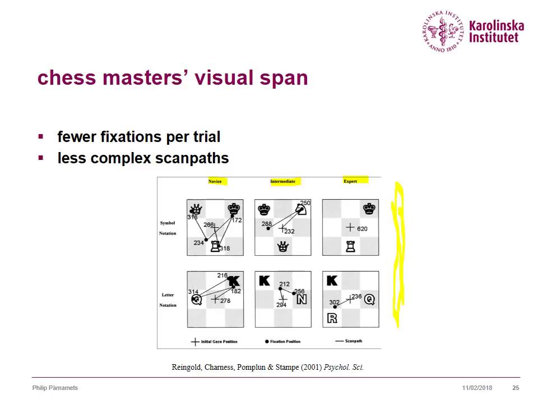And what they found was that novices would make far more fixations per trial than experts, and that even when making multiple fixations, experts would make less complex scan paths. So they would look around the board in a fairly straightforward manner, and you see this also with the intermediates, whereas novices will be looking all over the place.